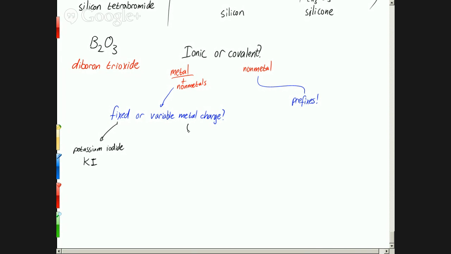If it's a variable metal charge, then we have to specify with parentheses, and that could be generally the transition metals. So we'll stick with our iodides here, and we could have CuI. Actually, copper iodide is usually copper(I), so we'll go copper(I) iodide.